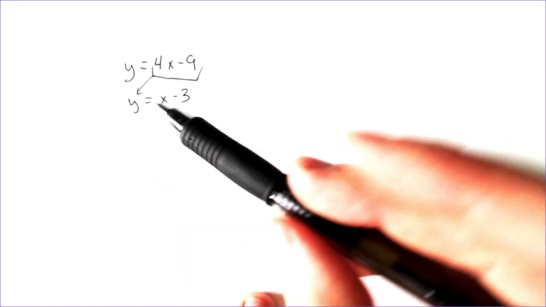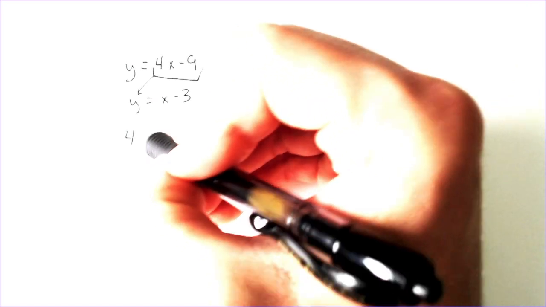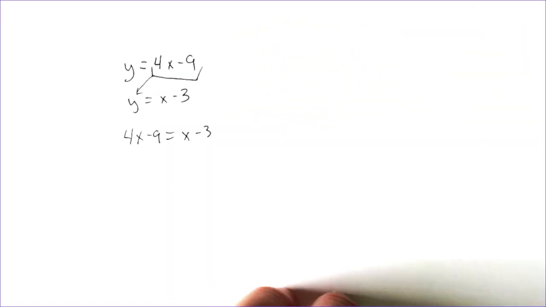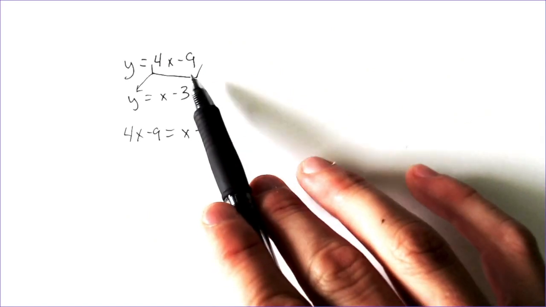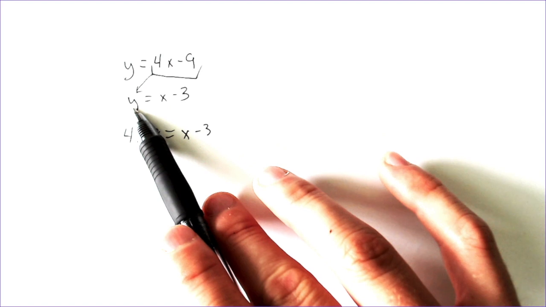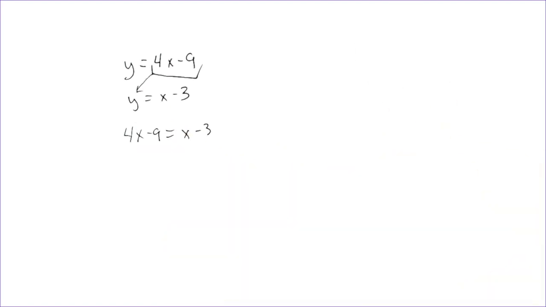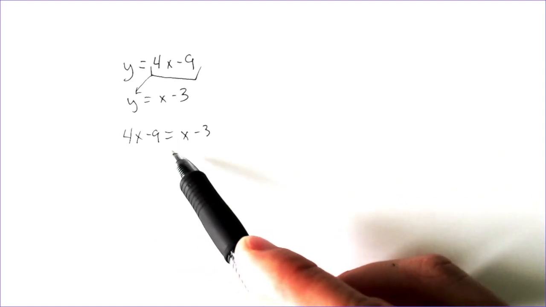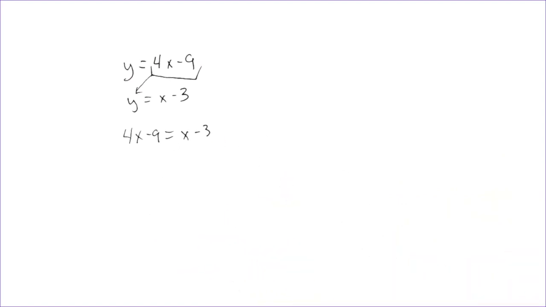Well, that must mean that 4x minus 9 would have to equal x minus 3 via the transitive property. But you could also think of it as just plugging in the 4x minus 9 for that y, substituting it in. Either way, you're going to get an equation with one variable, 4x minus 9 equal to x minus 3, that you can now solve.